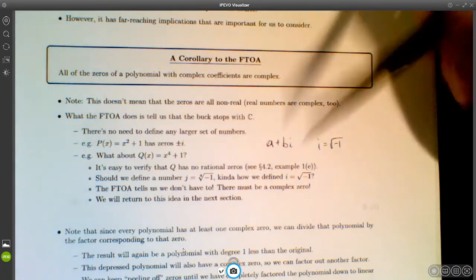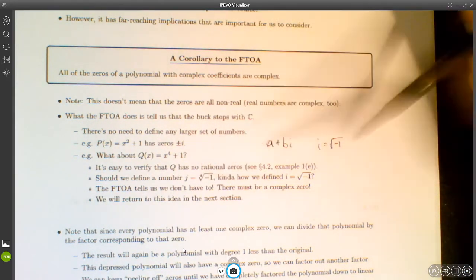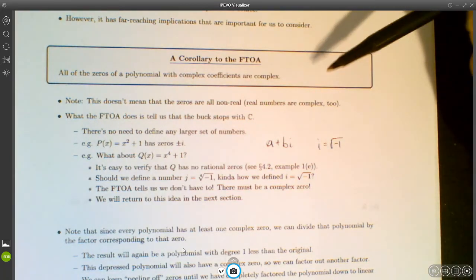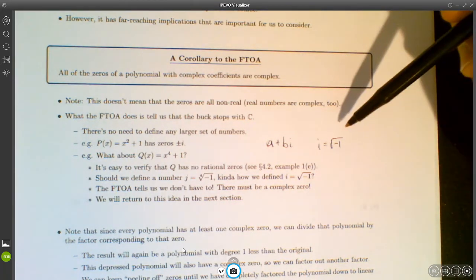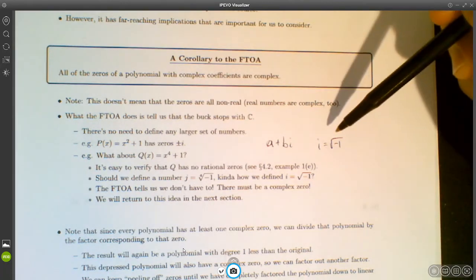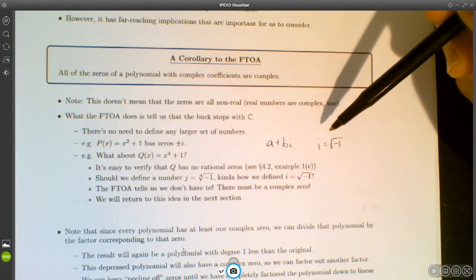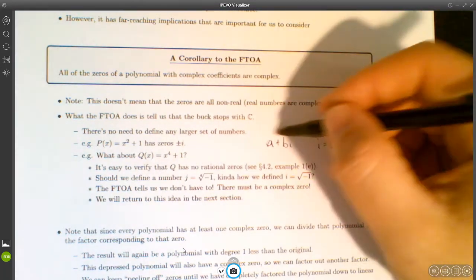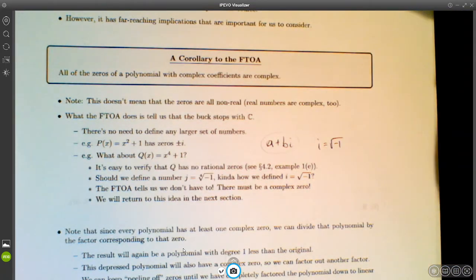So how do we rewrite the fourth root of -1 in terms of the square root of -1? That's not something that we're going to tackle in this section. We'll tackle that in the next one. But it is interesting to note that this number here is really just a complex number. There's no need to define any other set of numbers bigger than the complex numbers.